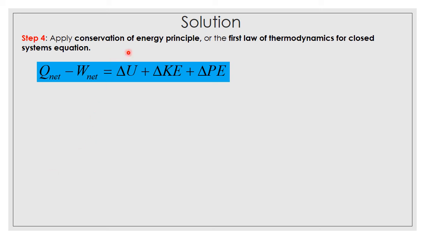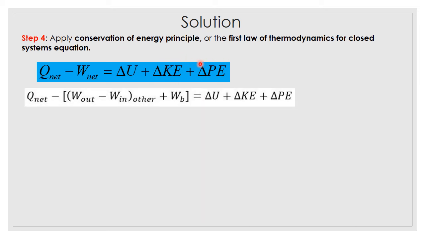Finally, we apply the conservation of energy principle, or the first law of thermodynamics for a closed system. The governing equation is Q net minus W net equals the change in internal energy, kinetic energy and potential energy. We can also write it as Q net minus W out plus W in plus the boundary work equals the change in internal energy, kinetic energy and potential energy.